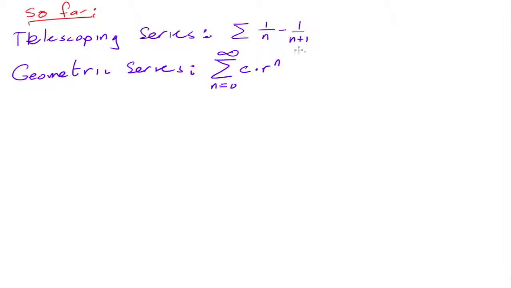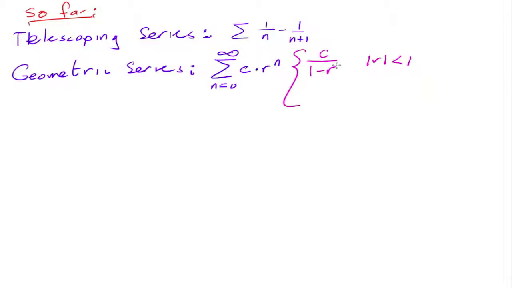We said that it converges if the absolute value of r is less than 1, and it converges specifically to c over 1 minus r.